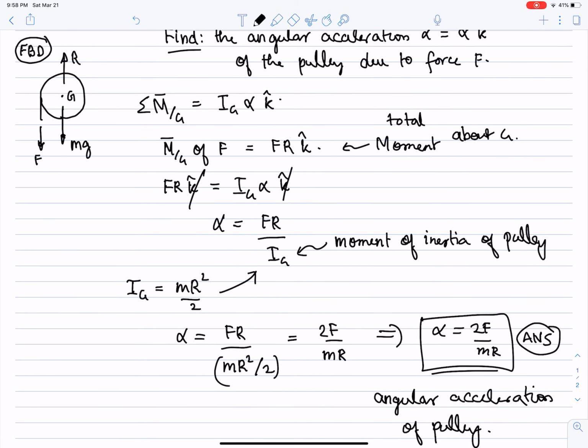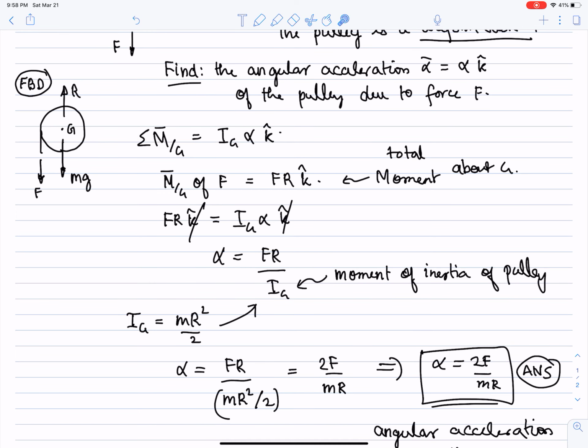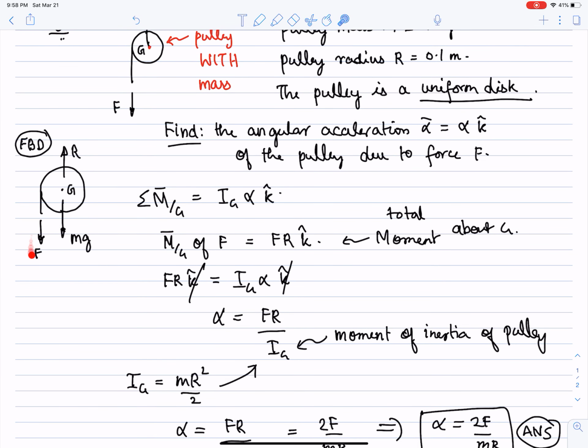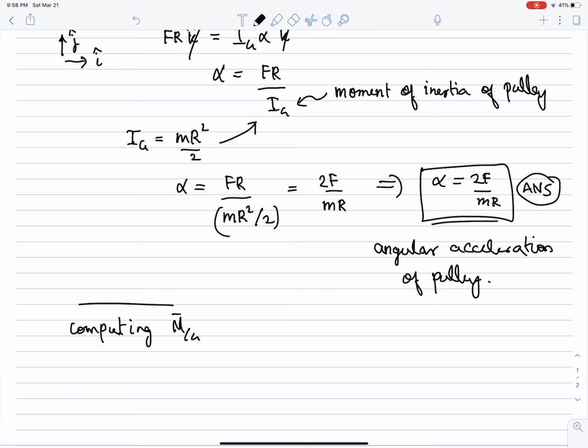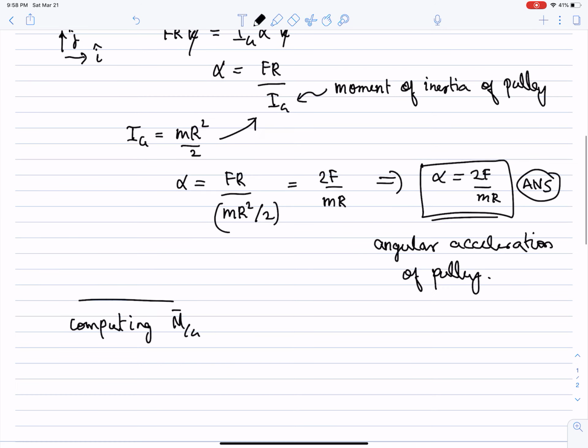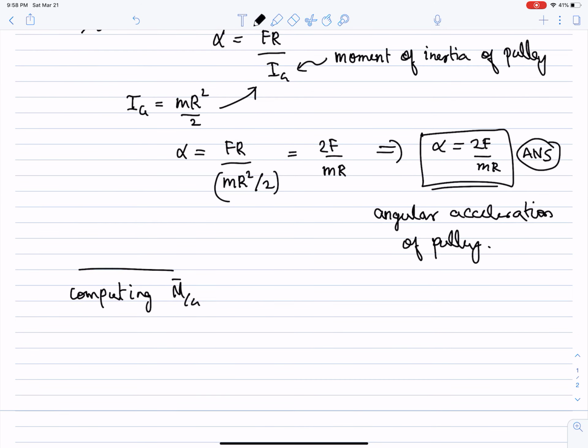First of all, notice that the force F is in the minus J direction. If this is J and this is I, the force F is in the negative J direction, so F equals negative Fj.